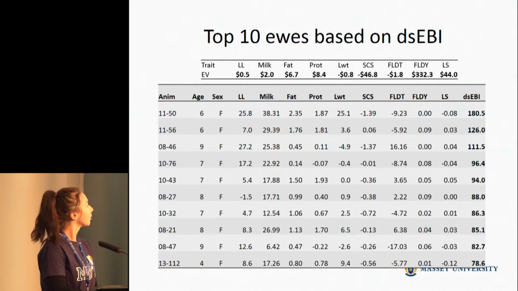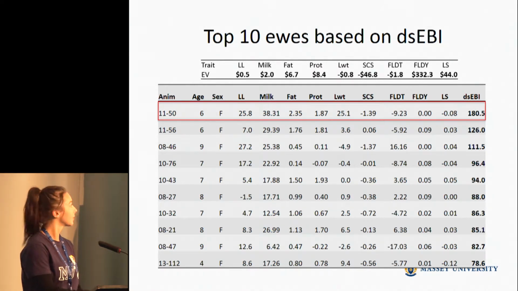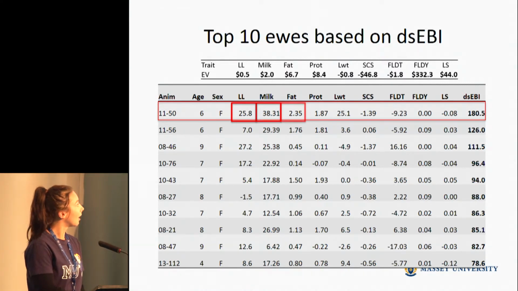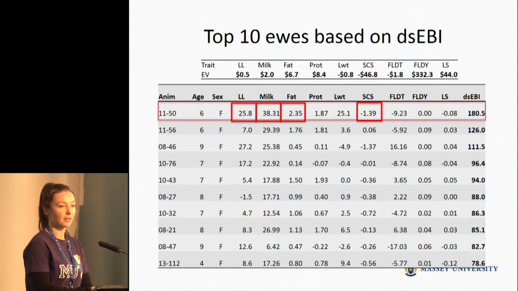As you can see, the top ewe has an estimated breeding value of plus 180.5. This is because she has a high lactation length, a high estimated breeding value for milk yield, a high estimated breeding value for fat, a low somatic cell score because this is what we want, but then she also has a high live weight.